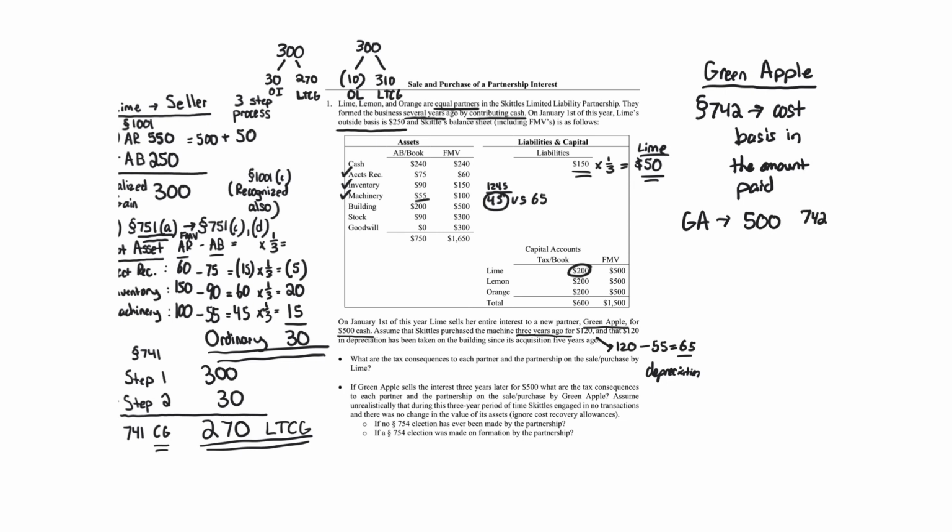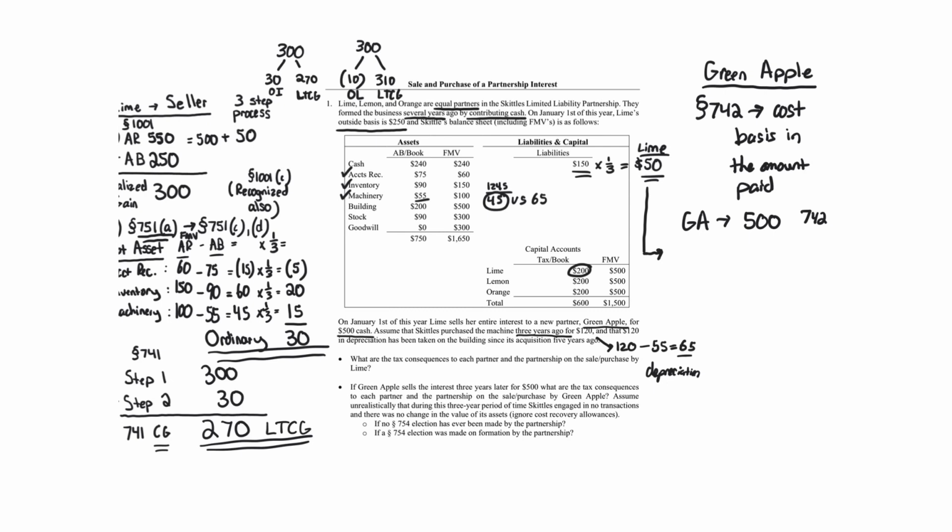But remember, liabilities. We've talked about liabilities a lot. Liabilities, the allocation changes all the time. With this new partner coming in, we have to reallocate the liabilities when the new partner joins the partnership among Lemon, Orange, and Green Apple.